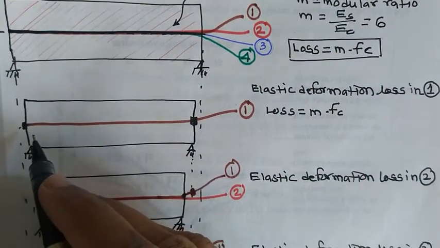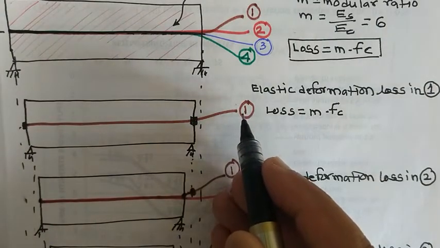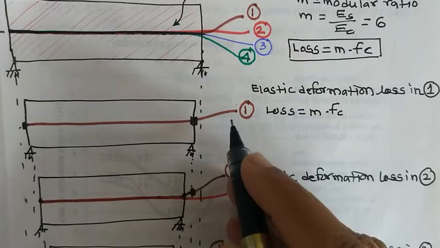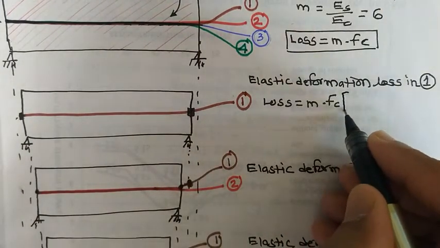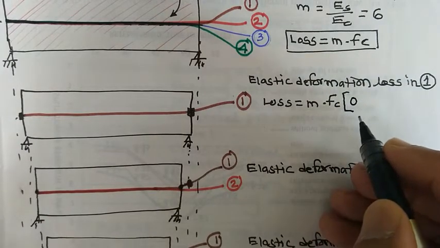When you are stretching the first wire, the elastic deformation loss in the first wire is 0.